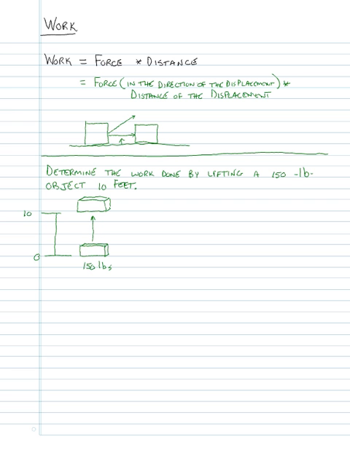Now remember, work, I'm going to illustrate with a W, is equal to force times distance. Now, in general, force can be thought of as a push or a pull, or a lift, as we have here.